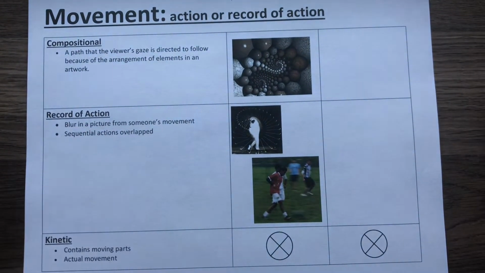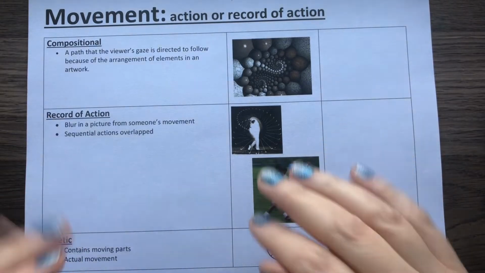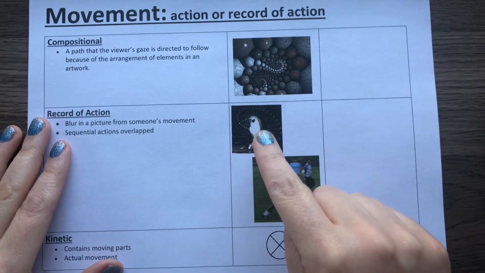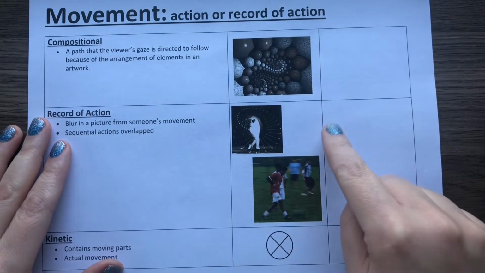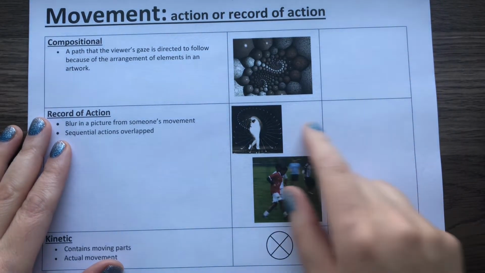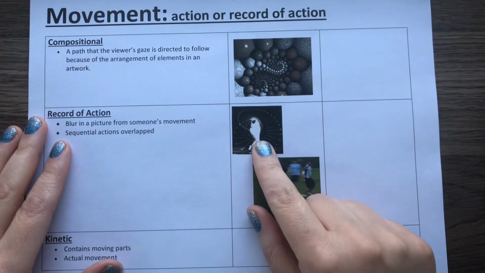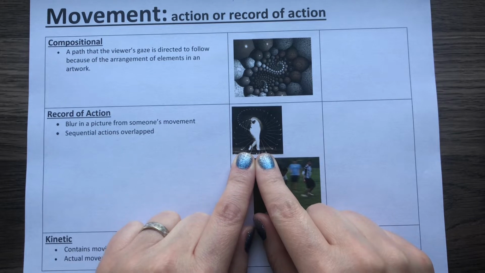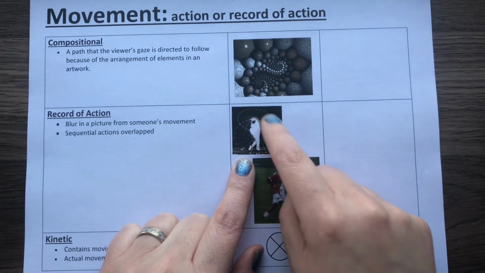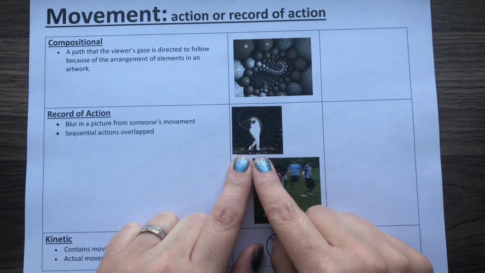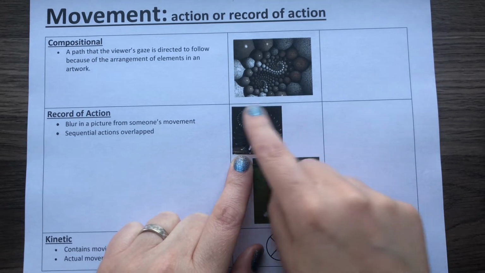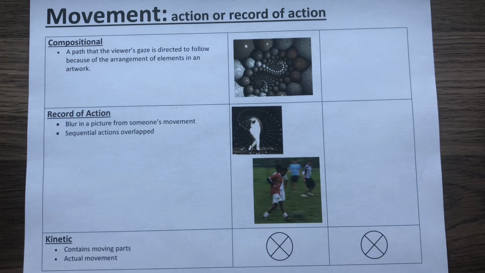So the record of action, if you think about a movie and how a movie takes a picture, then another picture, then another picture in sequence, if you layered those up, that would be what this is. They just took a series of pictures of the same person while they were doing their swing, and then they just layered those pictures.